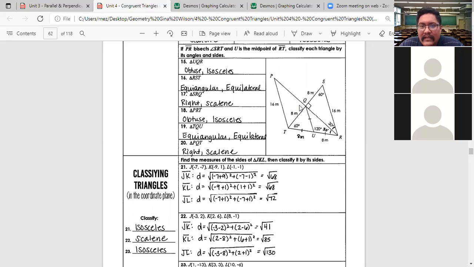Because again, vertical angles, and if we were to use the alternate exterior angles postulate, this would also be 30 degrees as well. Alternate interiors would say that 60 on the other side here would also be 60, but we could also prove that these are parallel lines as well. But also this side is 8 meters, this side is 8 meters as well. The long side is 16.